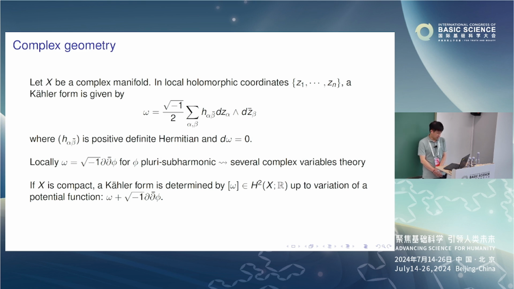If X is compact, then globally you cannot write omega as an exact form, but there is topological information, the cohomology class of omega in de Rham cohomology, and up to that it is essentially a variation by a function: omega plus i partial d-bar of a globally defined function. So if you start with a complex manifold, essentially you are dealing with functions.